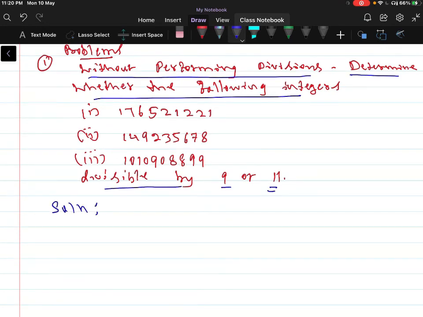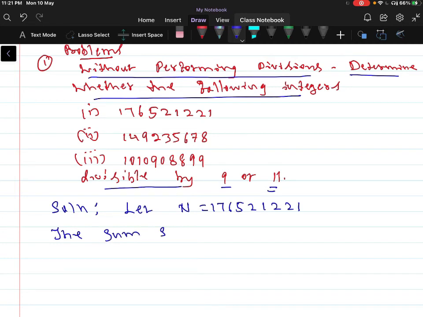So take the first integer, let n be equal to 176521221. So now let us find out the sum.